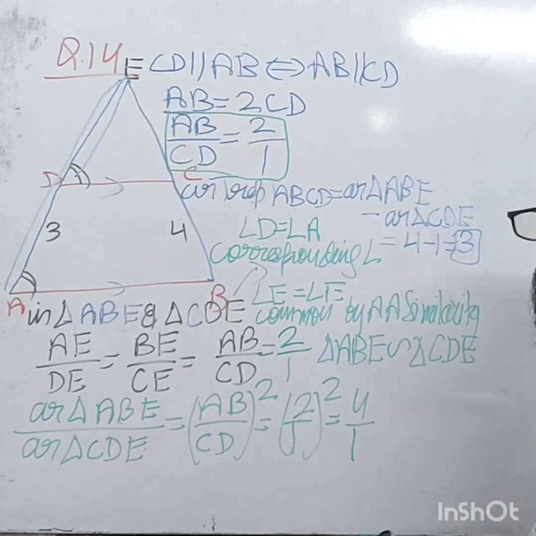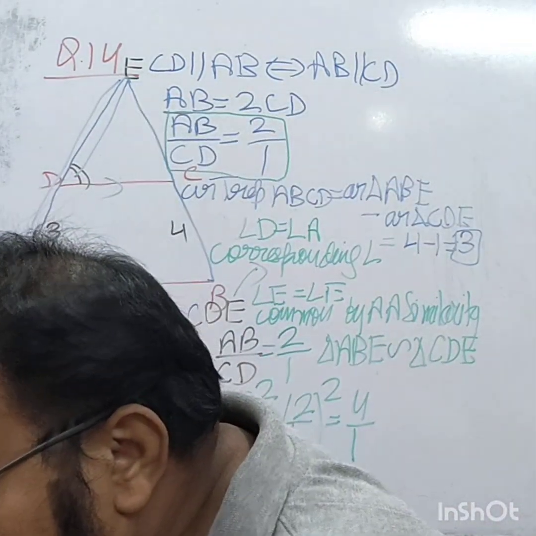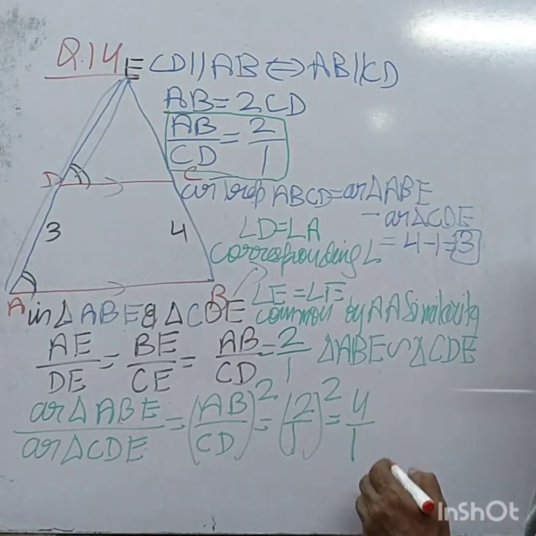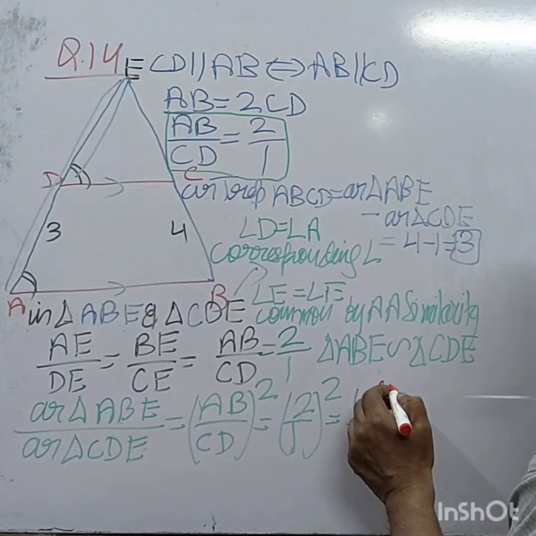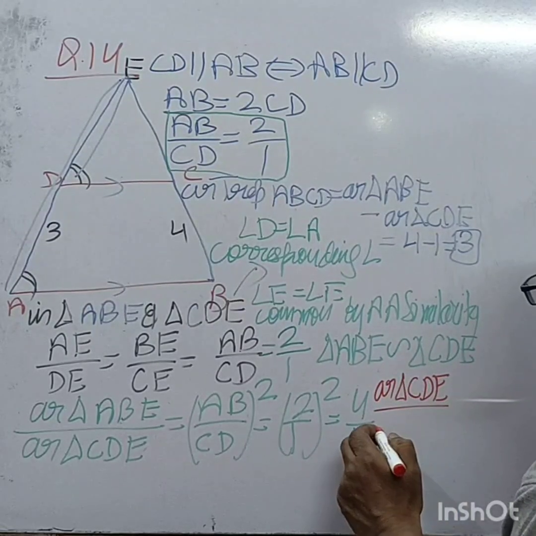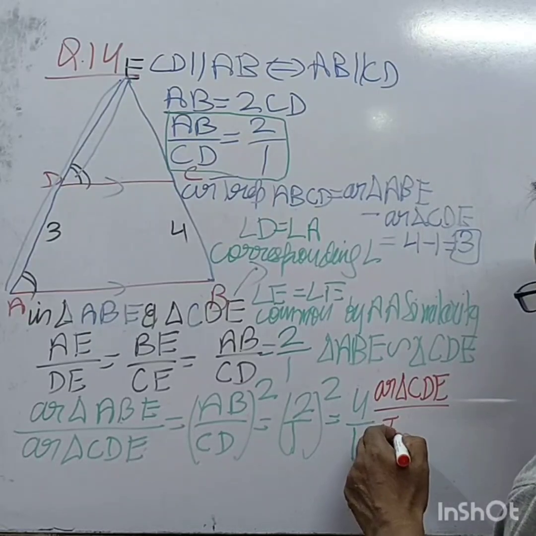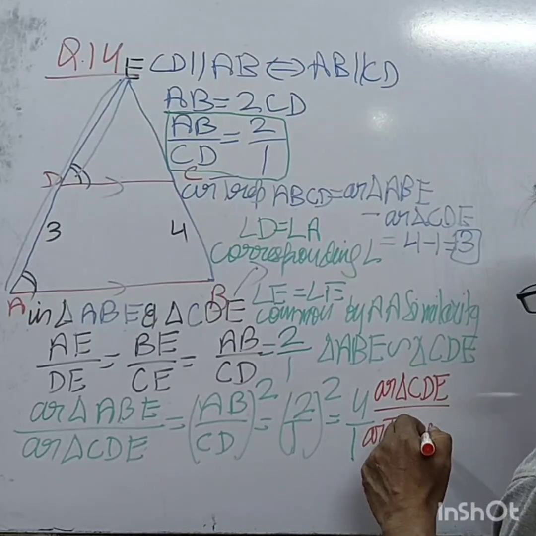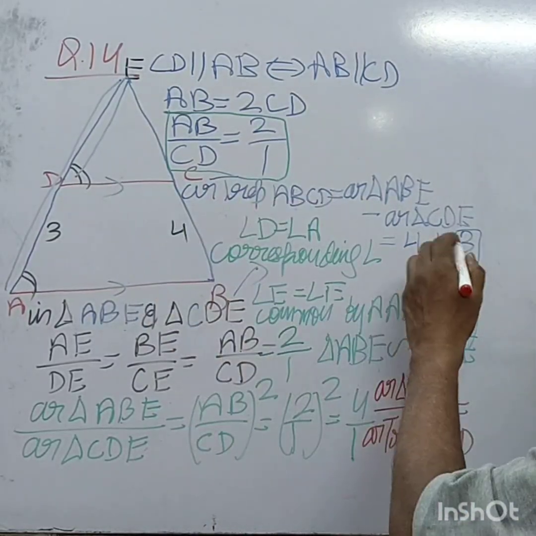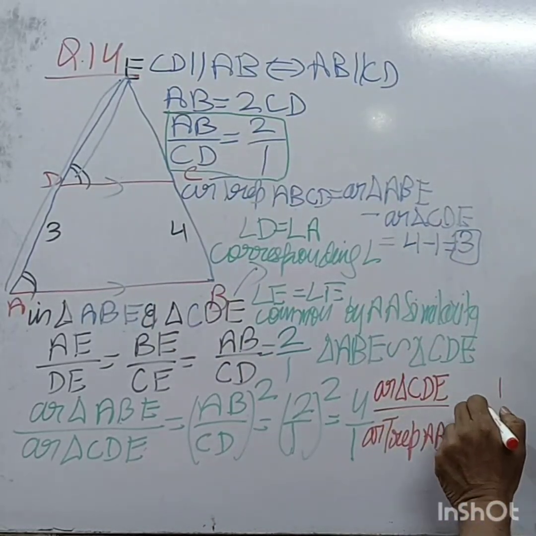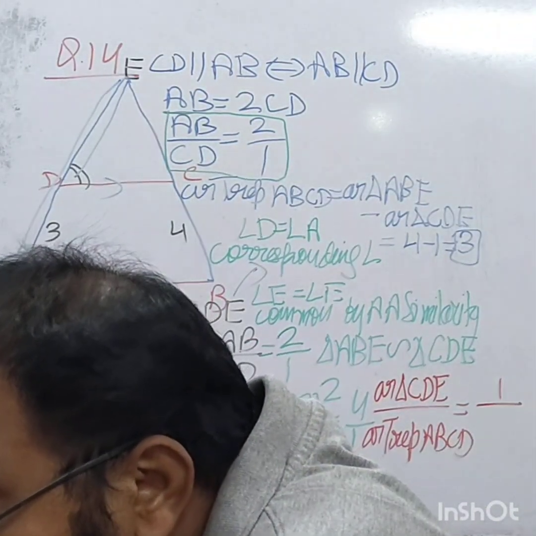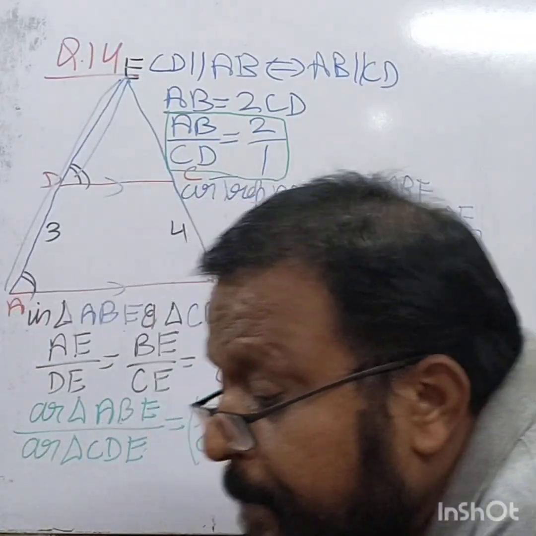So what you have to find? Area of triangle CDE upon area of trapezium ABCD. Area of CDE is 1, and trapezium is 3.